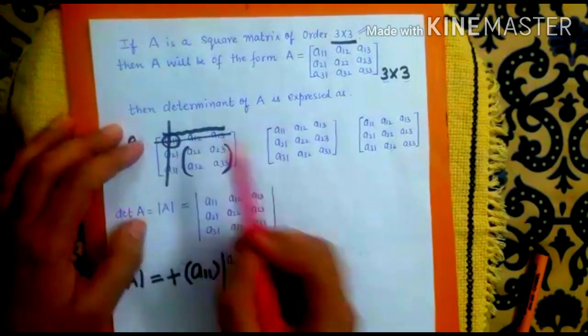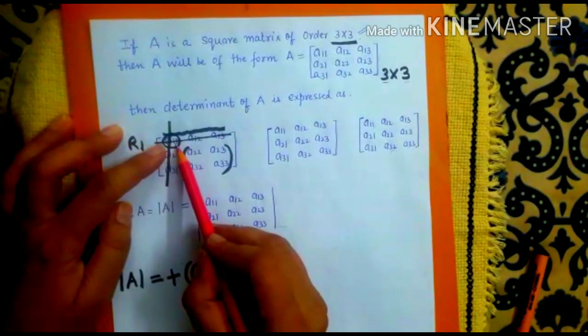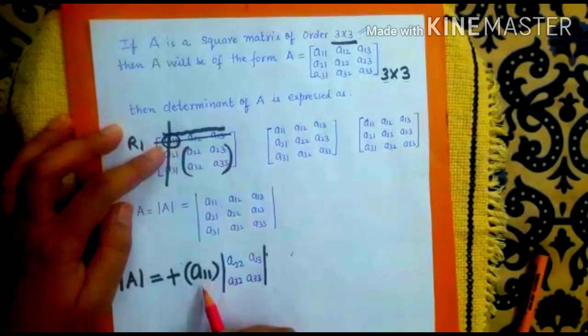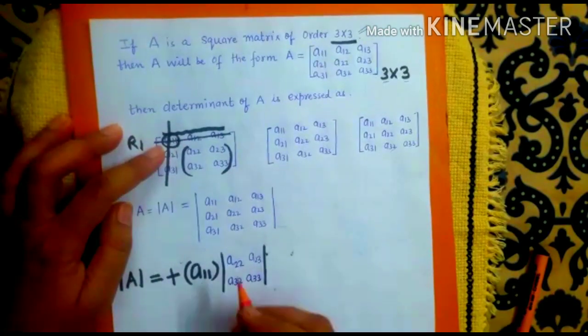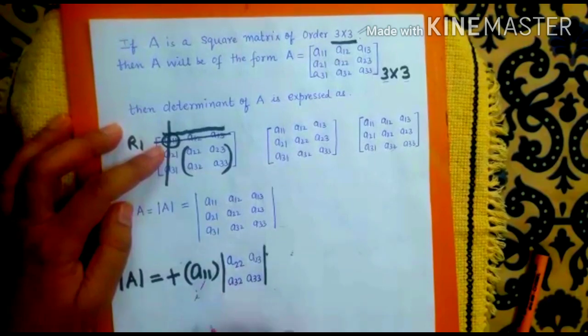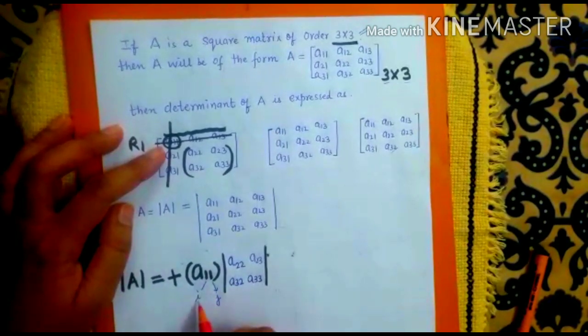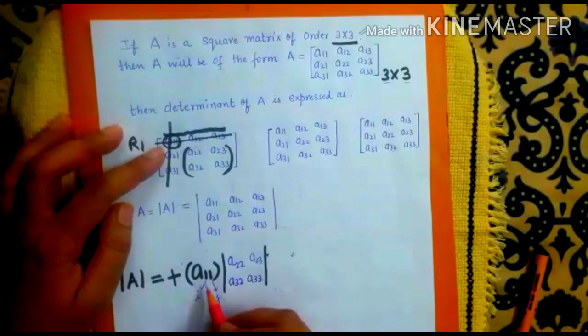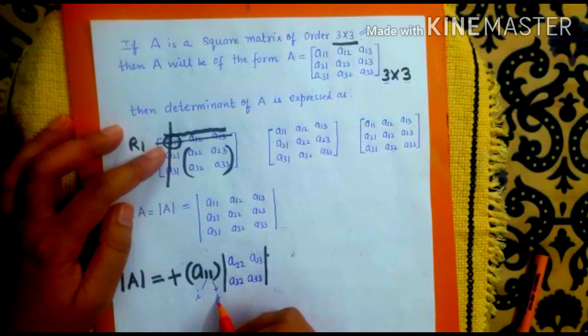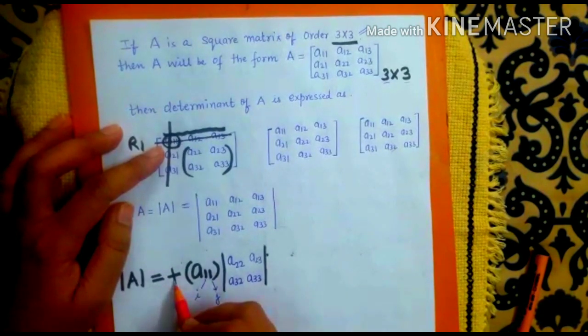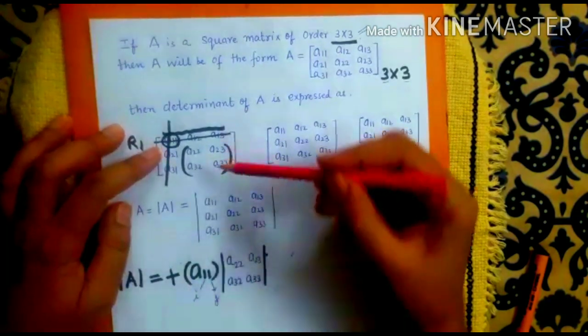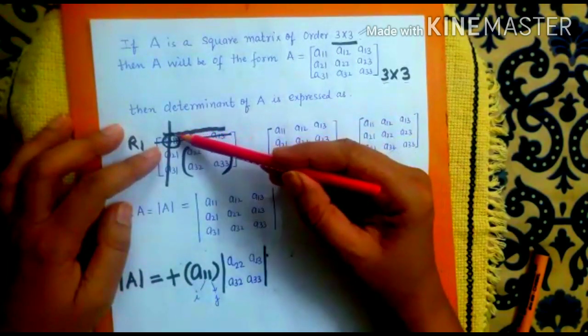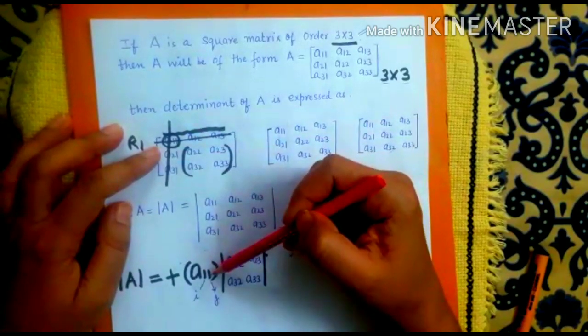Now what do I have to do? Take the first element A11 of the first row. Here i is 1 and j is 1. Compute i plus j, which is 1 plus 1, 2. If i plus j is even, take here a positive sign. Next, delete the row and the column in which this element lies.